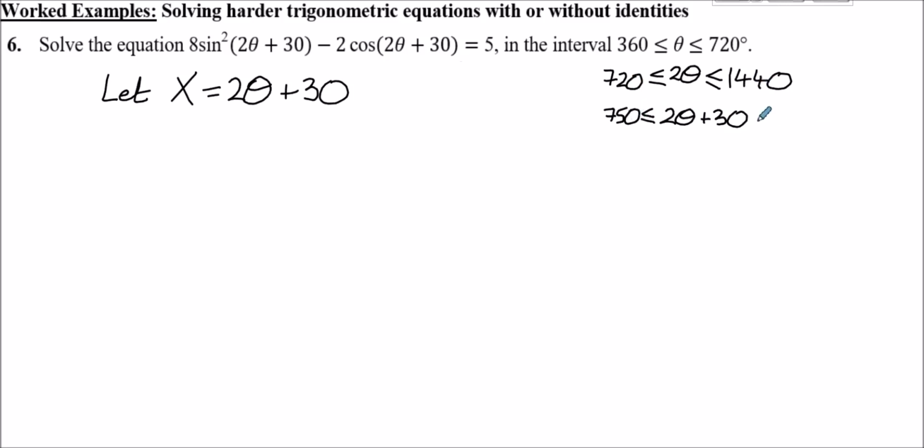Add 30 onto here, you'll see we get 1470. So those are the limits of 2 theta plus 30. But because 2 theta plus 30 is X, then what we're saying here is that big X is going to go from 750 all the way up to 1470.